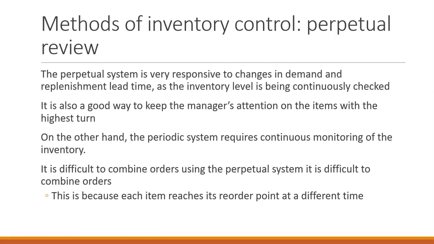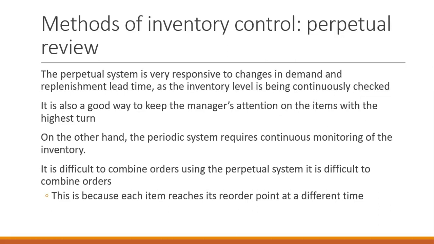So continuously check. A periodic system, which is the opposite of a perpetual system, is done manually. This means that periodically we walk through our inventory and we count it by hand to see how much we have in stock.